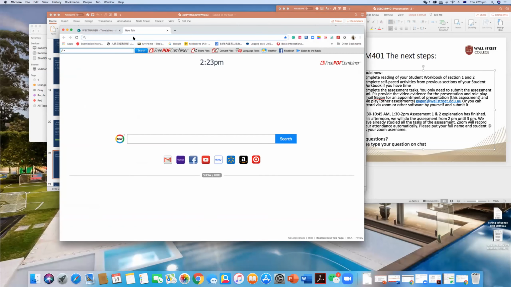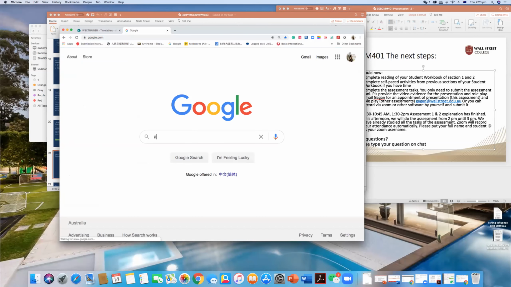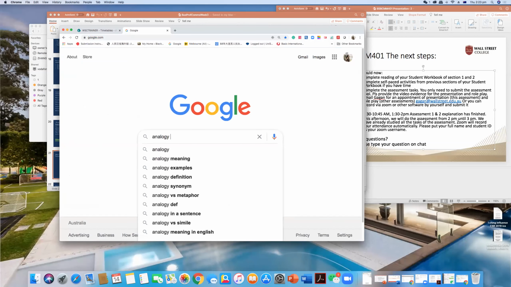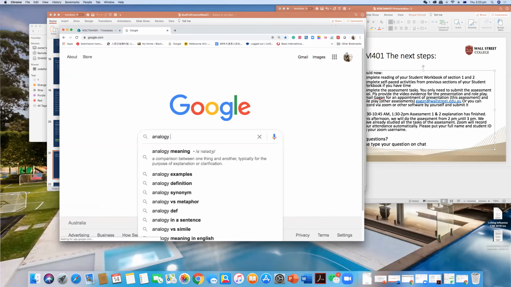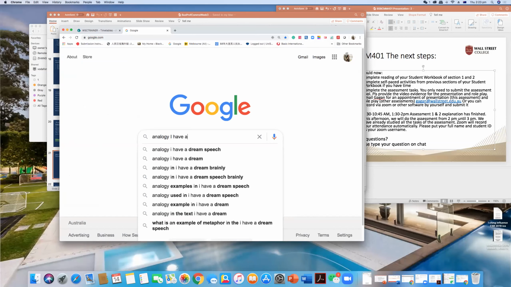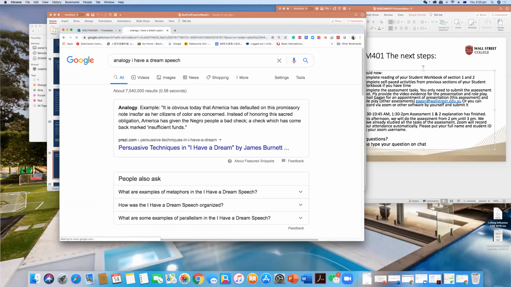Analogy in the I Have a Dream speech. Like this sentence: it appears today that America has defaulted on its promissory note insofar as citizens of color are concerned.